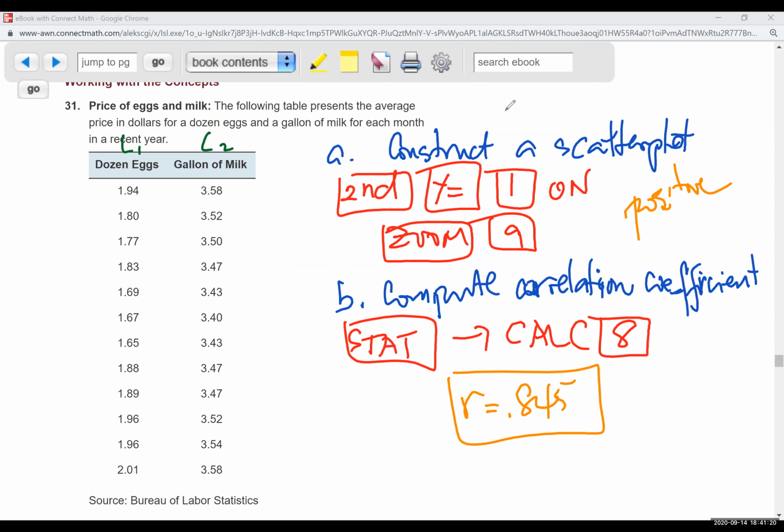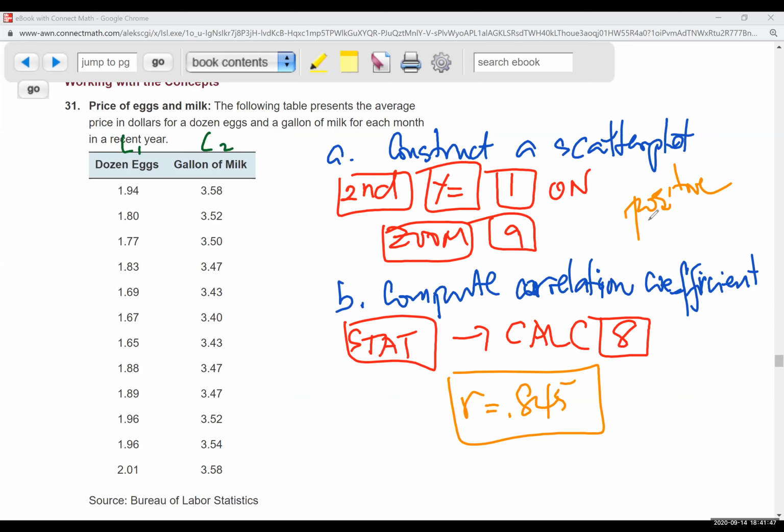Questions? After I do the step for the scatter plot, step B isn't working for me for some reason. The Stat, Calc, 8. I type that in and then it just gives me an error. Were you able to get the scatter plot?